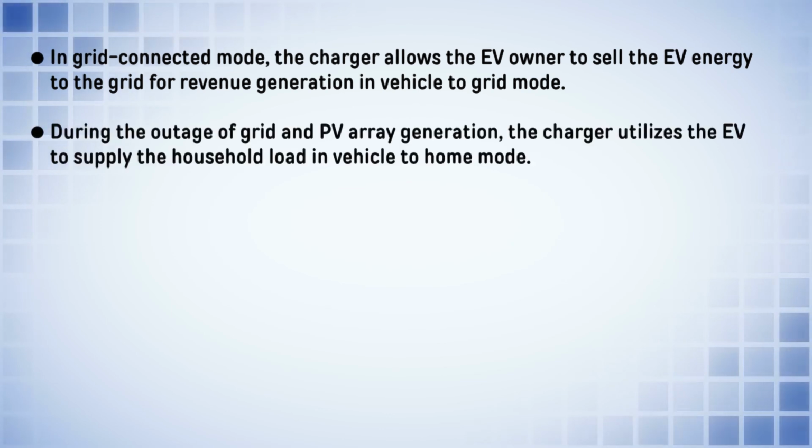During the outage of grid and PV array generation, the charger utilizes the EV to supply the household load in vehicle to home mode. So, these two operations are achieved. Apart from these two operations, the injection of power to the utility grid is also achieved whenever we realize there is less EV load demand.